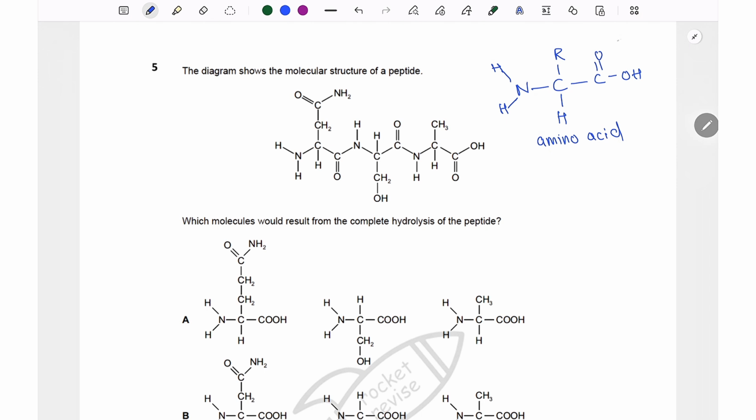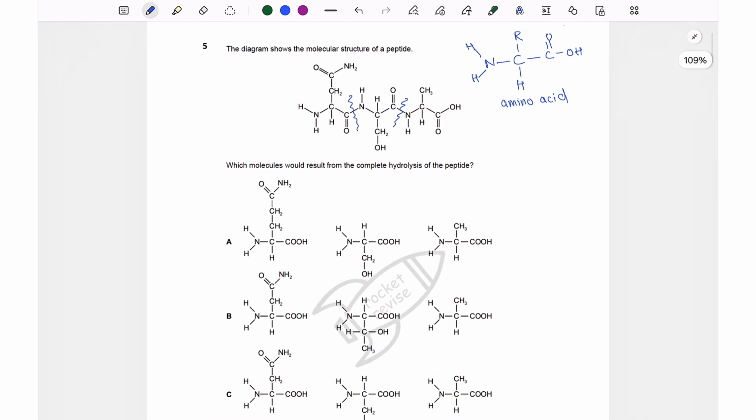Over here it's a peptide, so there's a few amino acids joined together. If I were to break them down, it would be one here, another one here. So those are 3 amino acids.